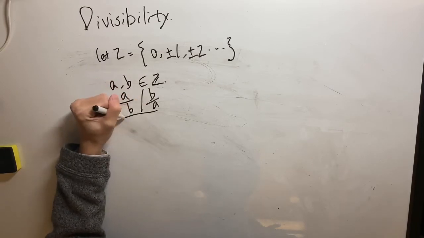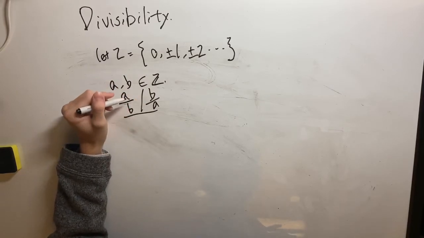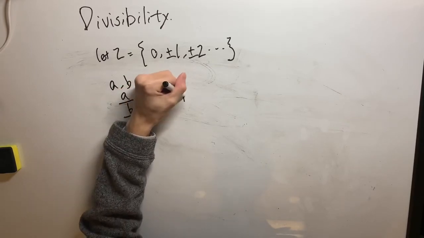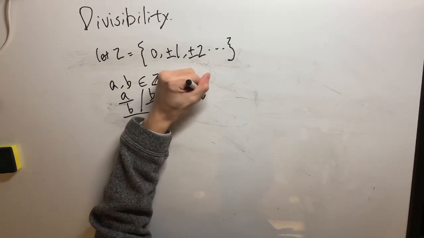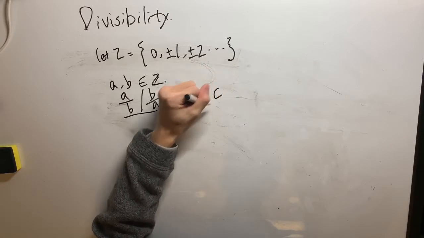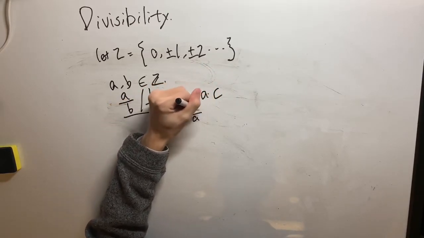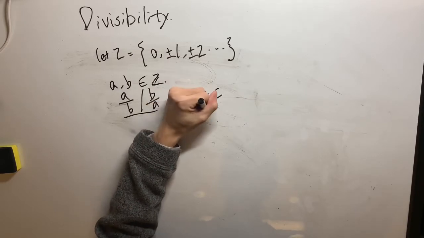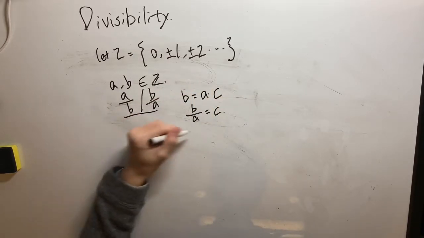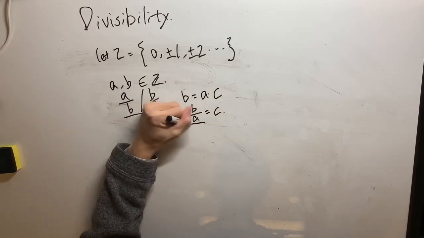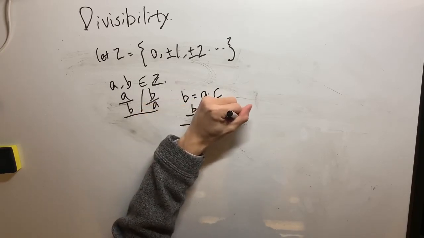These two numbers are not necessarily integers. But if we denote b as a times an integer c, then b over a is definitely an integer because that equals c. We denote this as a divides b.